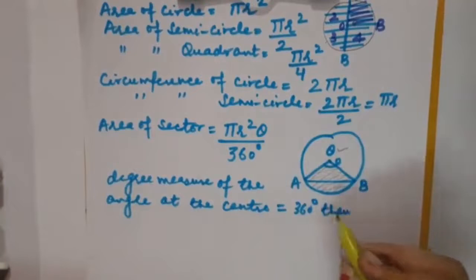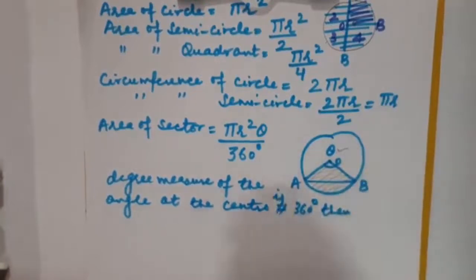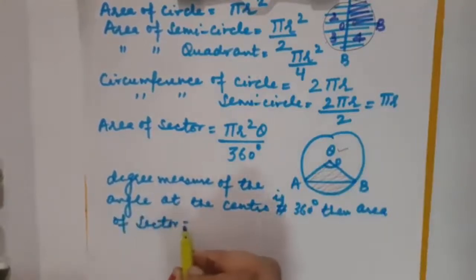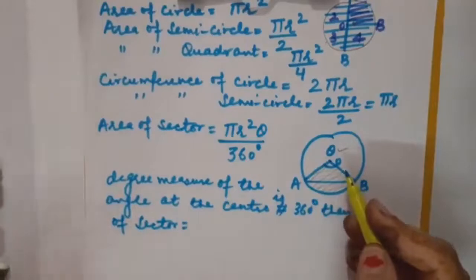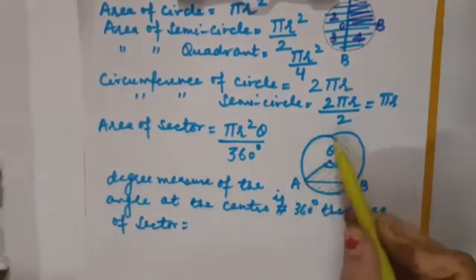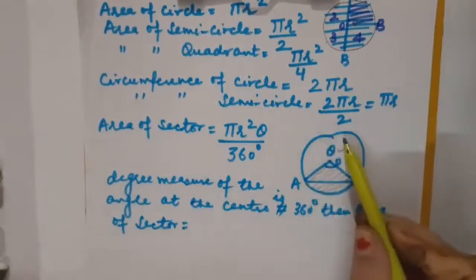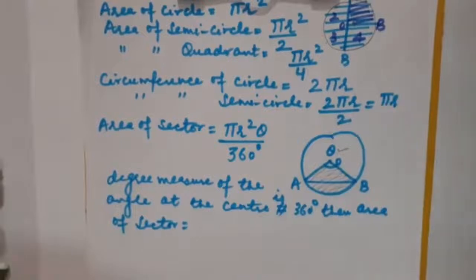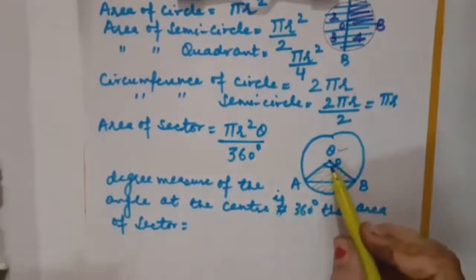Then the area of sector is... when I consider that particular circular region, because you know that the circle is nothing but the complete round, meaning a 360 degree angle is formed, correct? And here I consider that the center angle is 360 degree.